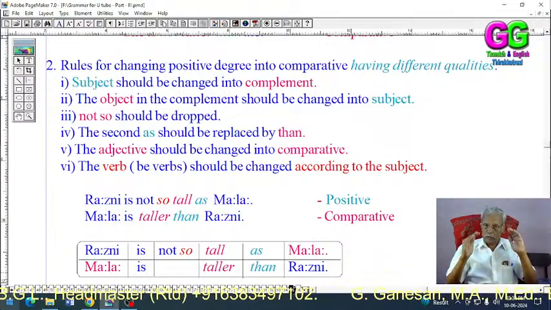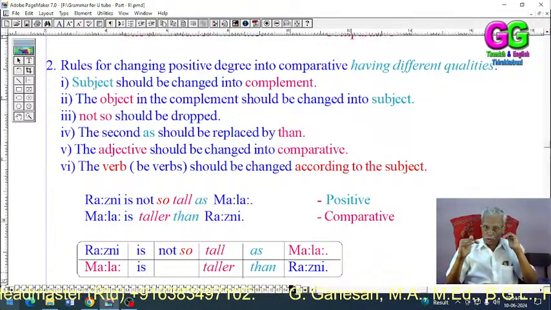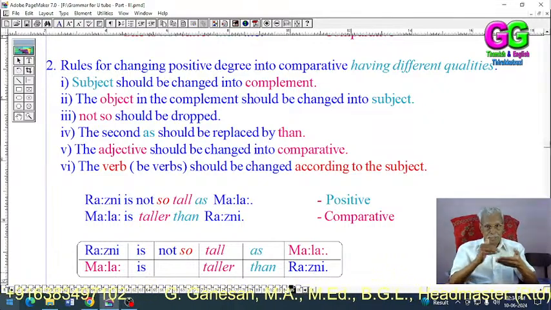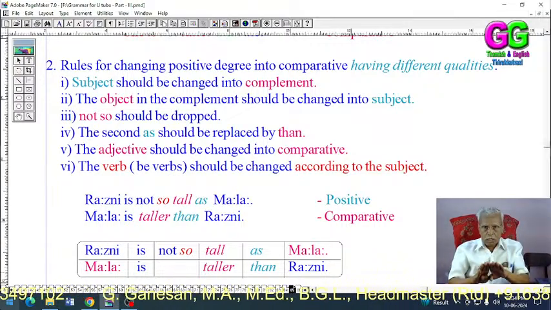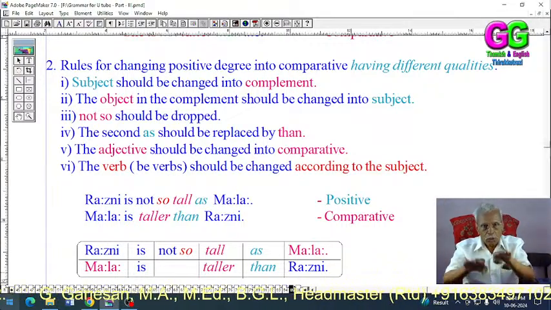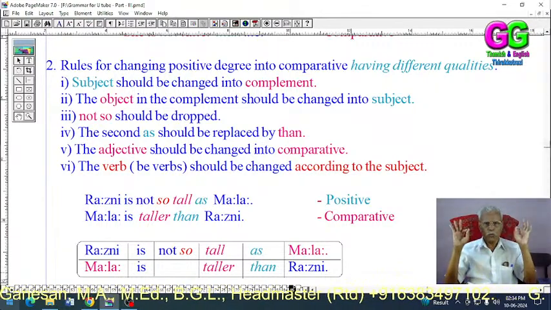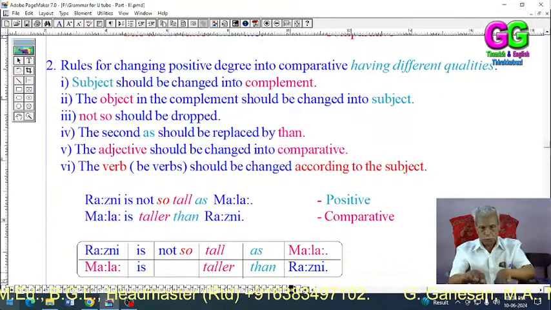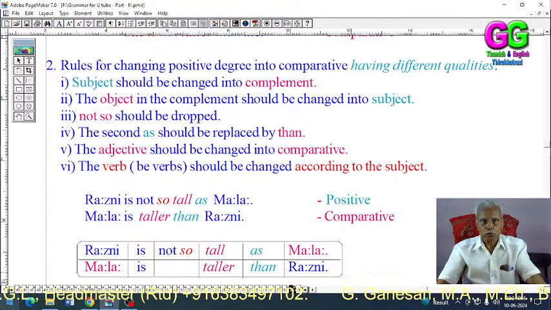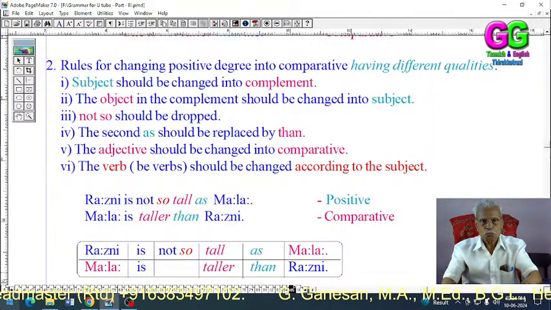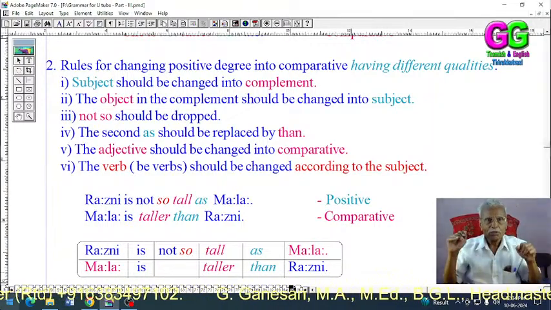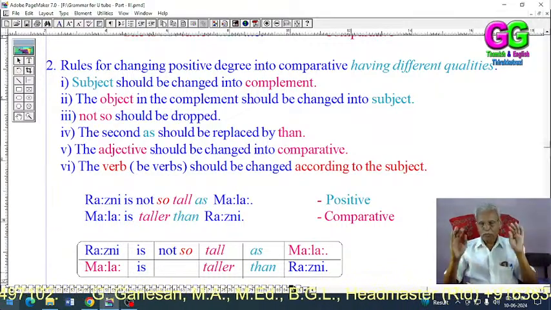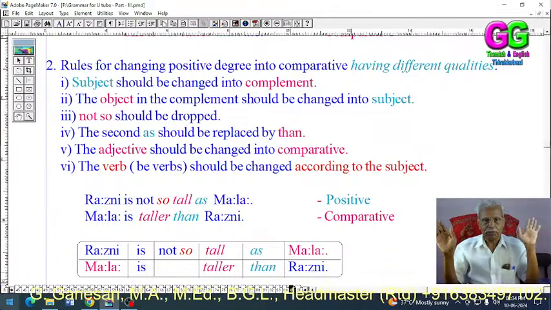So the "not so" should be tracked, and the other five rules should be followed as we did for things of the same qualities.